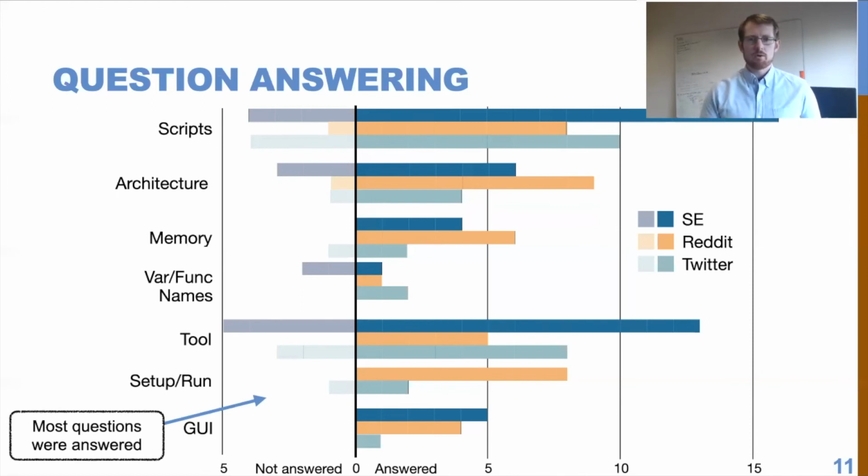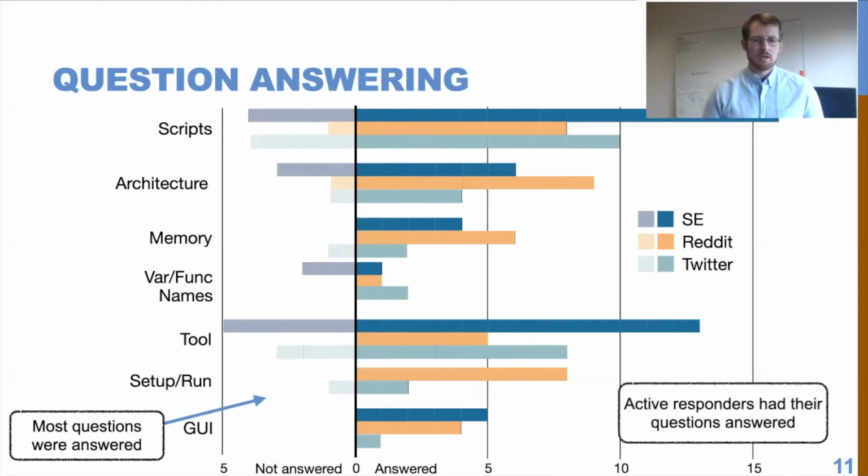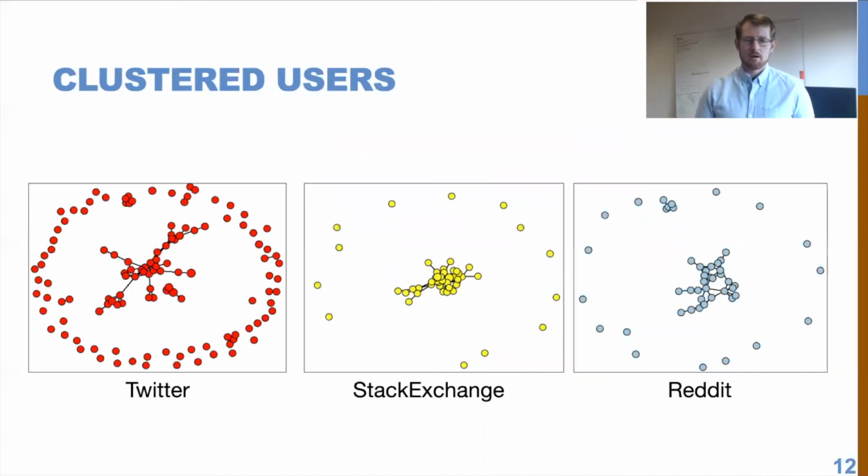But within this, we also saw an interesting phenomenon, which is that active responders were more likely to have their questions answered, which means that there was a group of people who were talking back and forth to each other, answering each other's questions. And so looking at this a little more, we graphed each thread on each of these forums as a node, and then we added an edge between nodes if there was a user who was commenting on both of those threads.